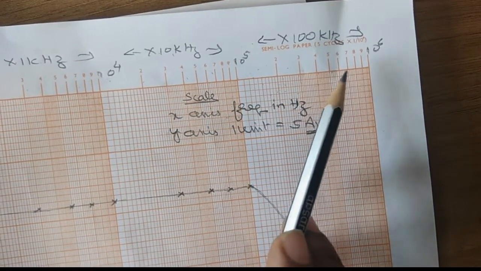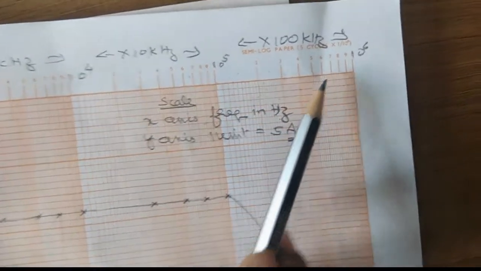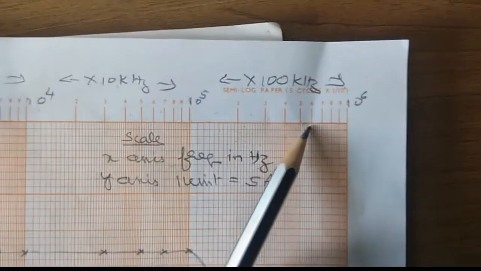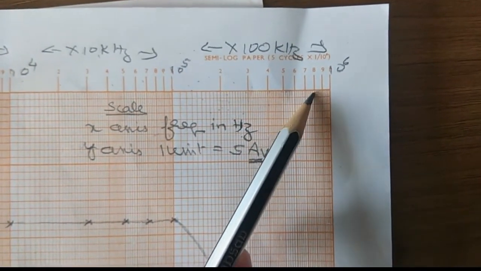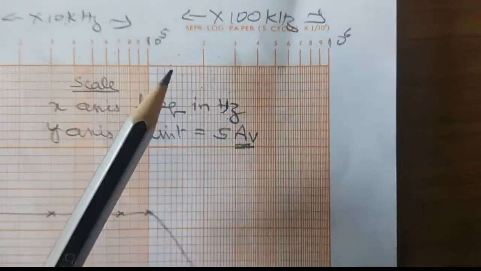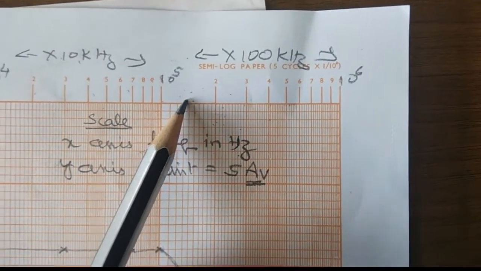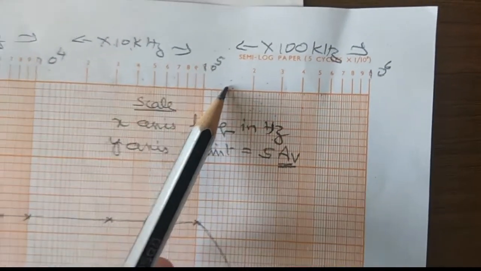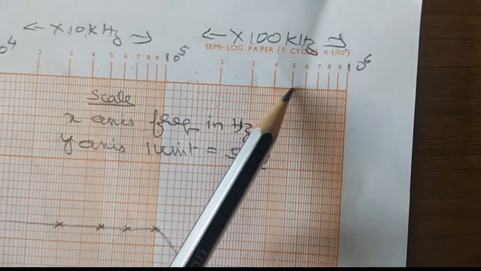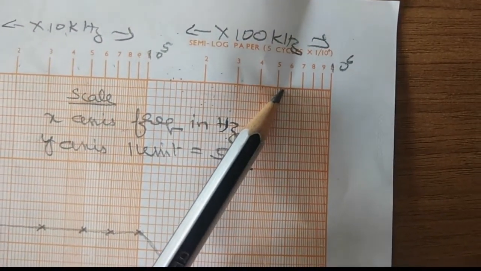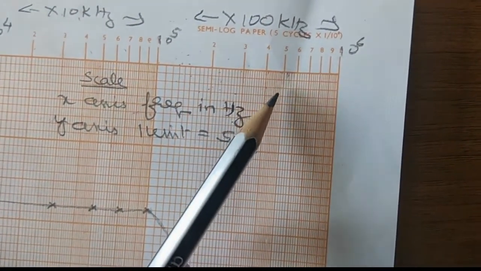Whereas after 5, 5 to 6 has only 5 subdivisions, 6 to 7, 5, 7 to 8, 5 like this. So if it is the third division here, it becomes 130 kilohertz. Whereas the same third division after 5 becomes 560 kilohertz, not 530.